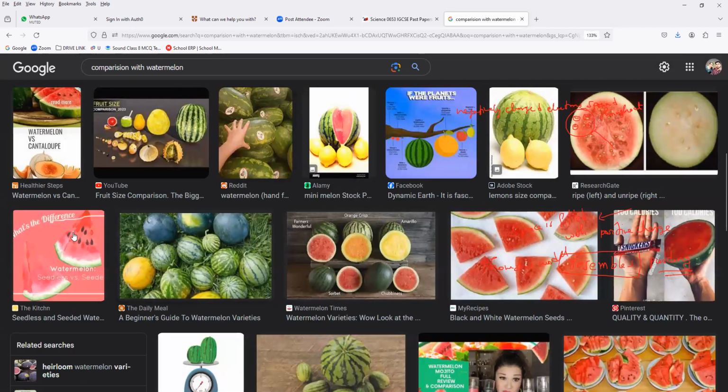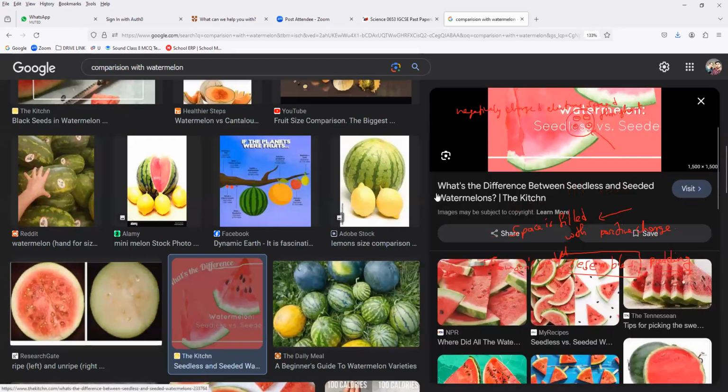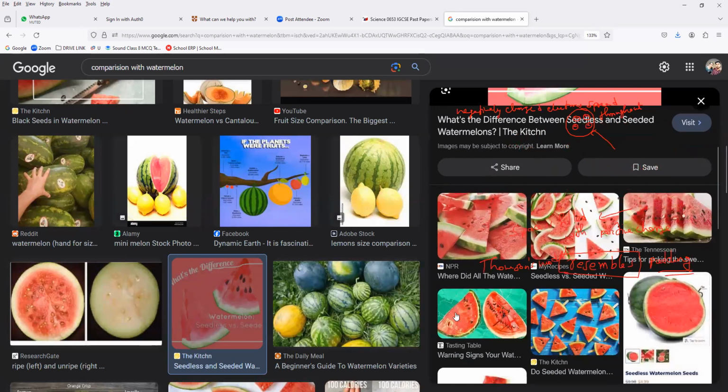Now I want to show you a good picture. That red edible part of the watermelon, which you can eat, represents what charge? Positive charge. Clear, everybody?